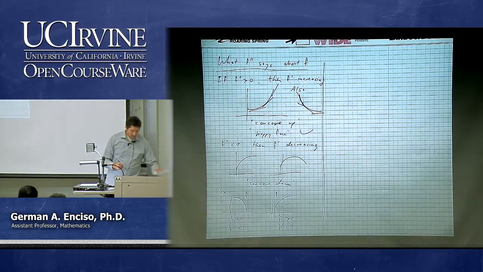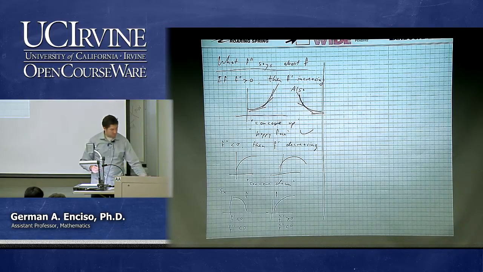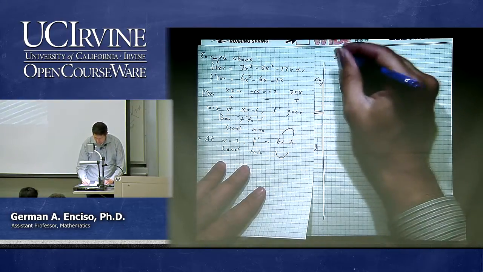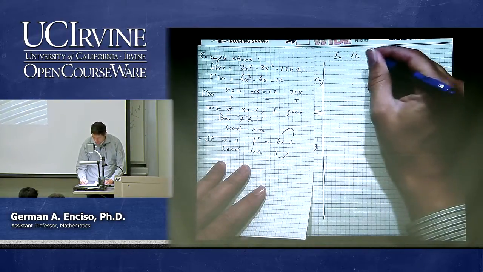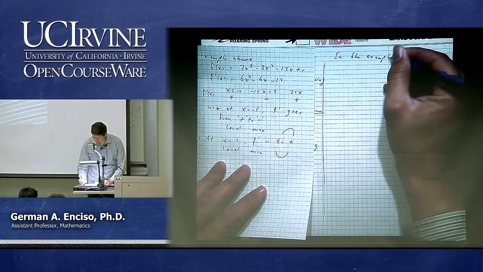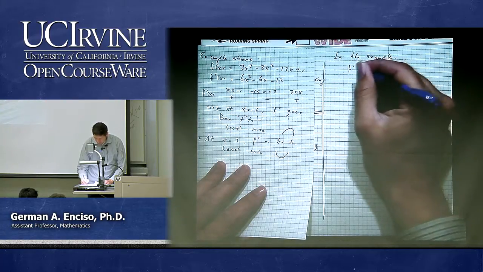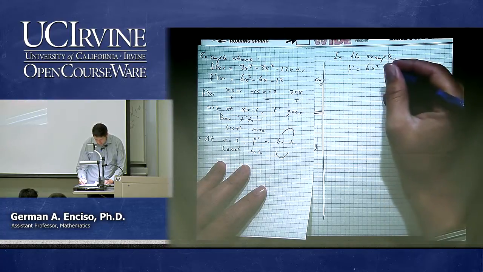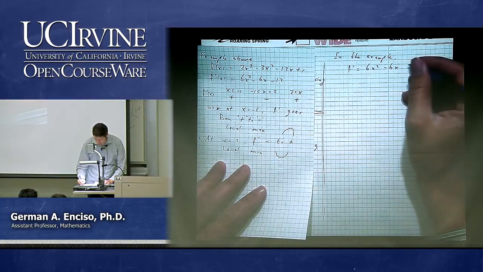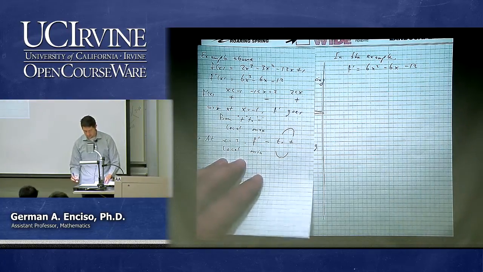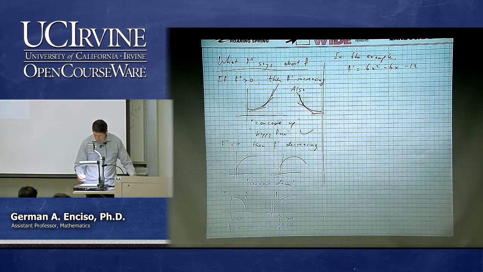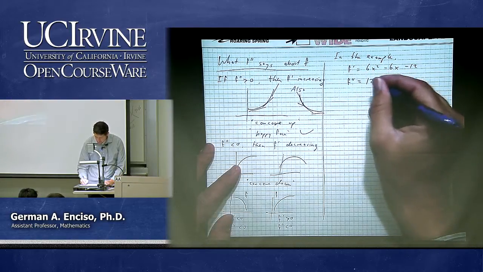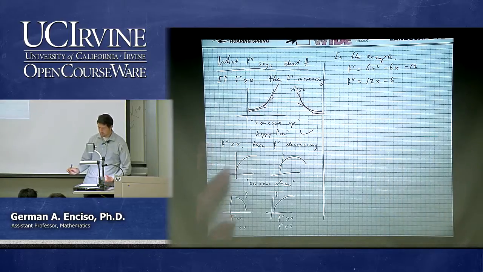So let's go back to the first example that we were saying before. The same example as before. f prime is equal to 6x squared minus 6x minus 12. Okay, so f prime prime is equal to 12x minus 6.